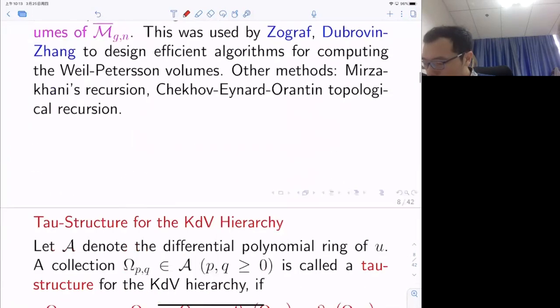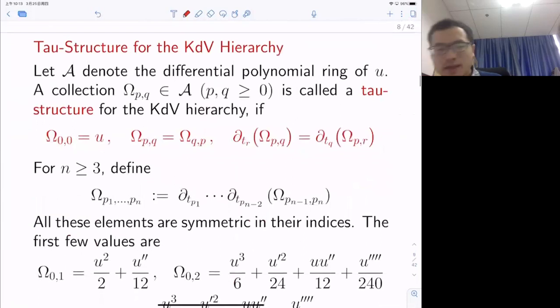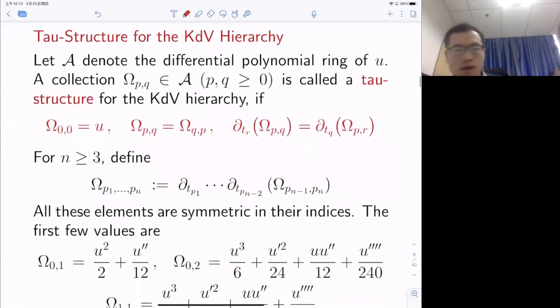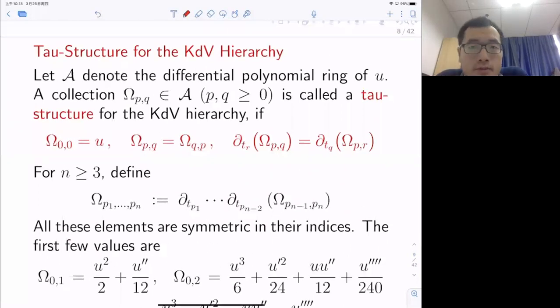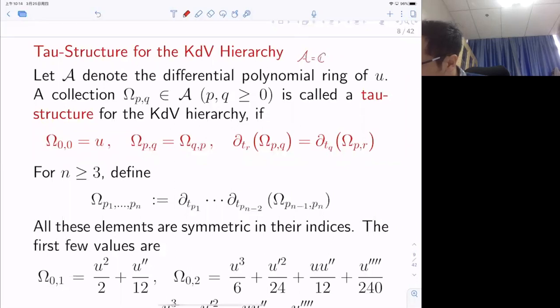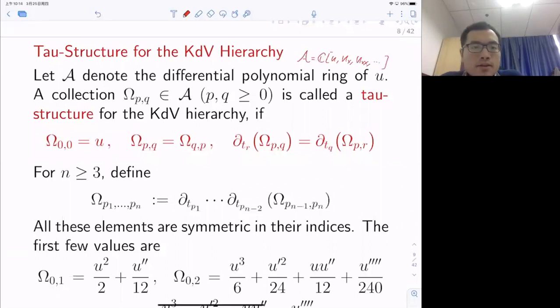Okay, so now let's start with the mathematical structure of the KdV hierarchy. We denote by A the differential polynomial ring of u, so it is polynomials in u_x, u_xx, and so on.